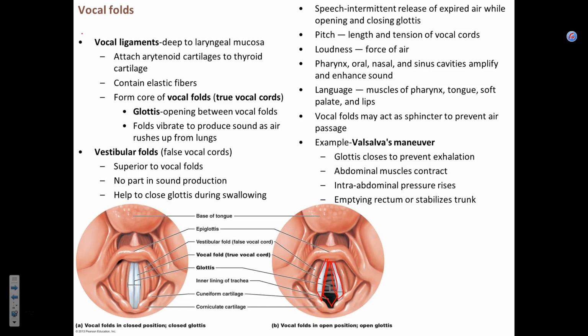So that space, empty space, I'm going to strike it through, is glottis. Okay. Now, structures that connect muscles that are necessary to manipulate vocal cords. The vestibular folds here, or false vocal cords, they do not produce sound. They sort of manipulate vocal cords. Does that make sense? Okay.